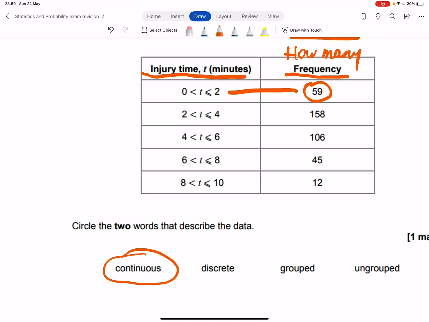So time is also measurable data. It is continuous. If we just count data, don't measure it, we call it discrete. So in this case, we have continuous data because we measure it. And the data is also grouped. As you see, it's given as double inequalities. It's grouped from 0 to 2 minutes, from 2 to 4, and so on.